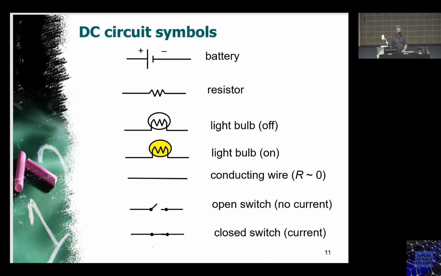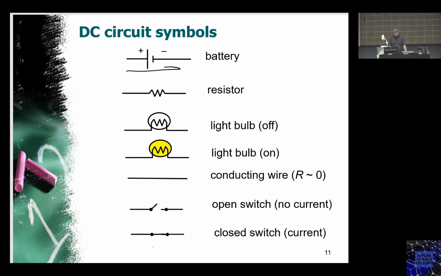Then in DC circuits, we introduced the components that we will be seeing in the circuits. We said that in our circuit, we have a component that is responsible for generating energy or supplying power, which is the battery in this case. And then we have components that consume power, which are resistors, and light bulbs are also of the same type.